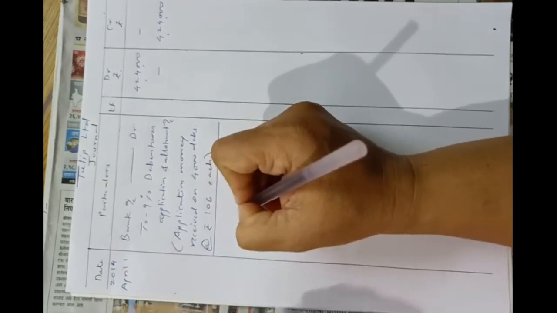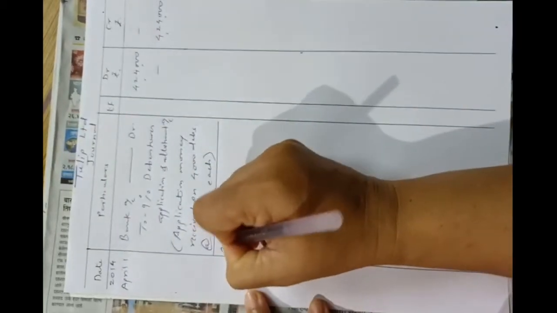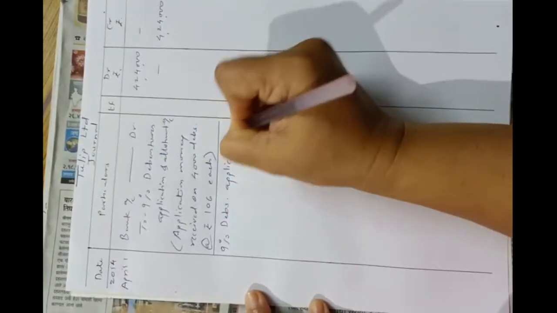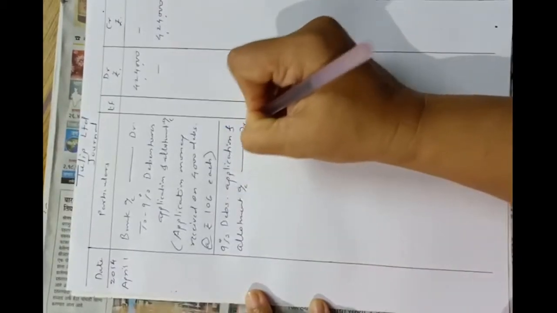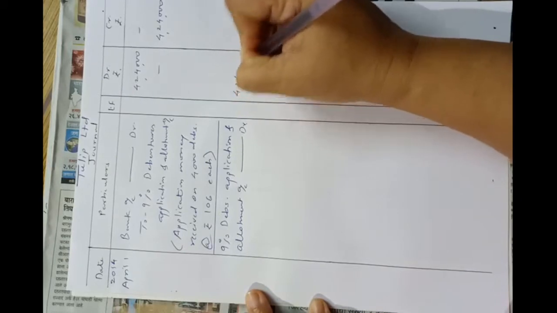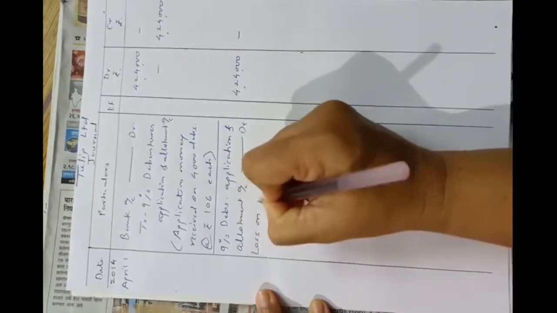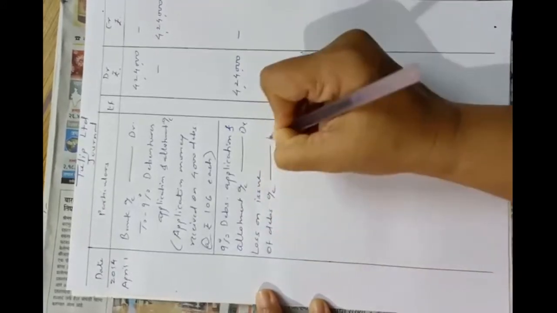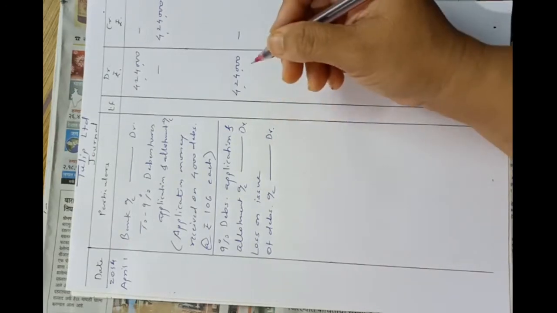Now on the same date there will be transfer of application money. So 9% debenture application and allotment account debit ₹4,24,000. Loss on issue of debentures account debit, here we have to write the loss, that is premium on redemption of debentures.